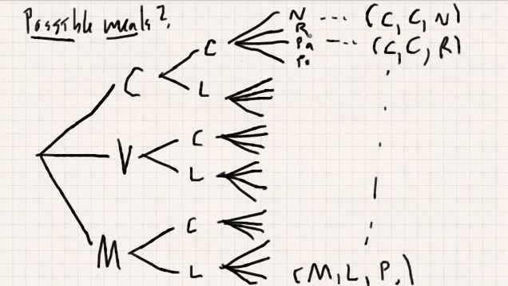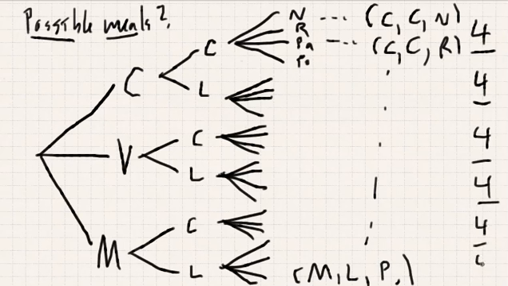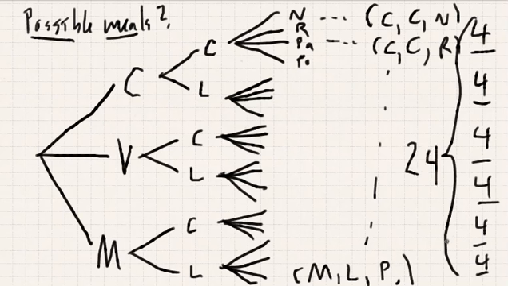But how many total possibilities is that? Well, here we have four possibilities, plus another four, plus another four, plus another four, plus another four, plus another four, and that all adds up to 24.